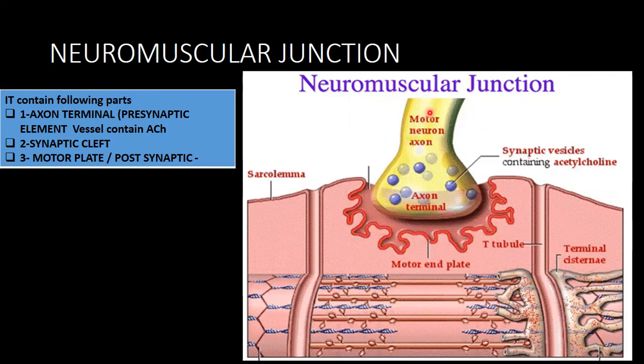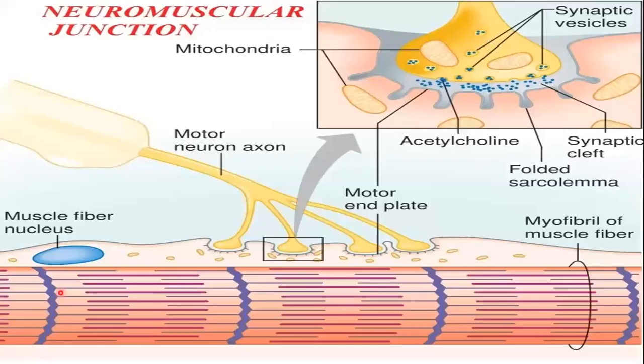So these are our motor neurons, these are our skeletal muscles, and this is the synaptic cleft, and a similar story is going on in the presynaptic and postsynaptic parts.